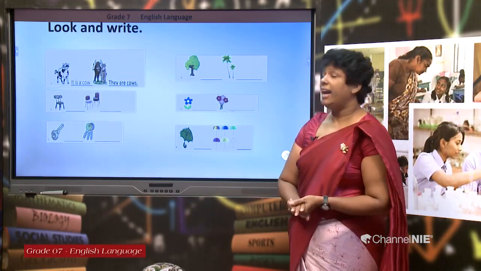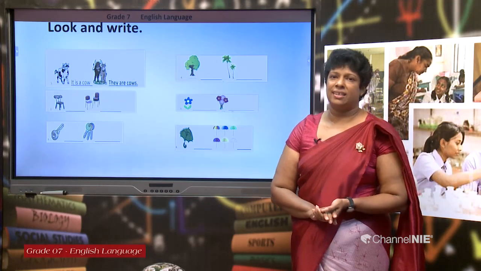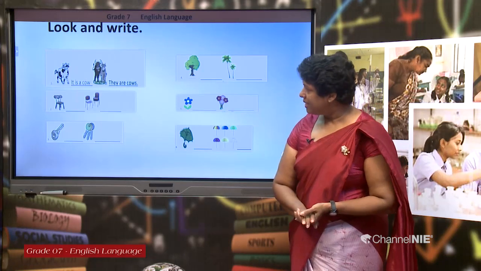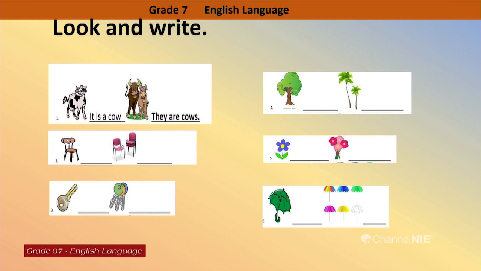Now look and write. We are going to write some sentences. Look at the first example I have given you. It is a cow. They are cows. Now look at the second picture.